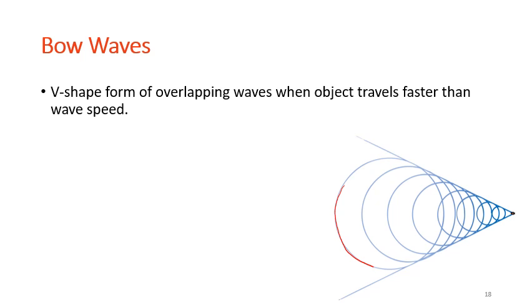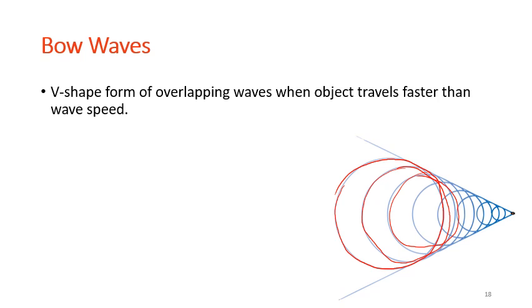This is the first wave, and when the airplane is moving faster than the speed of sound, the second wave will be created something like this, still trying to propagate. And the third one right here. Likewise, it will create the pattern.